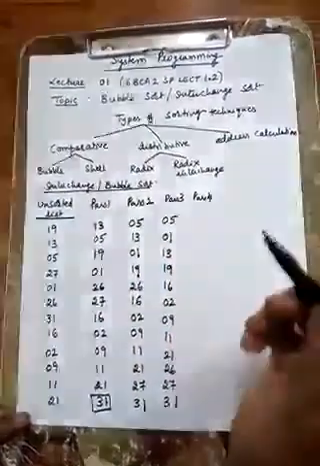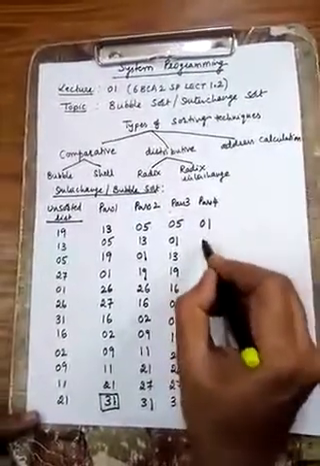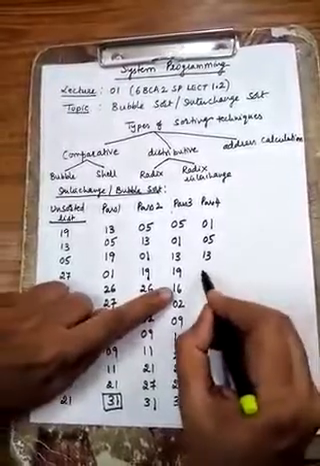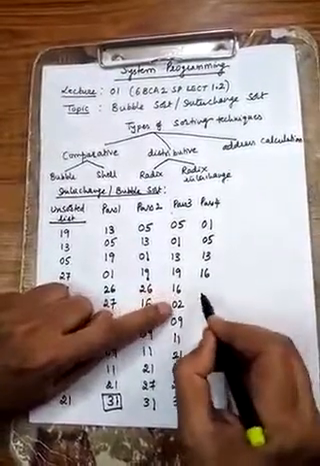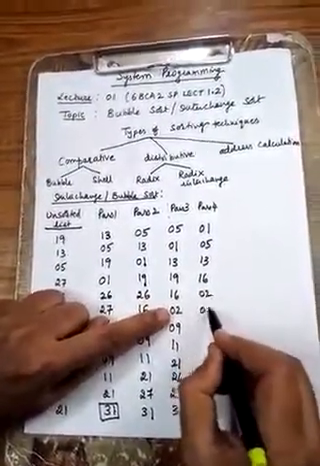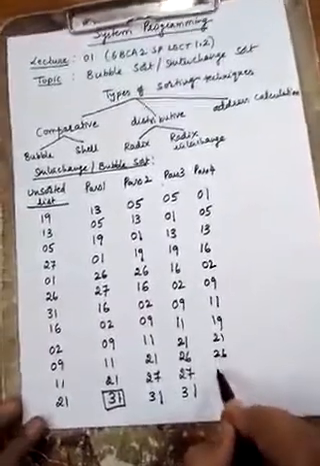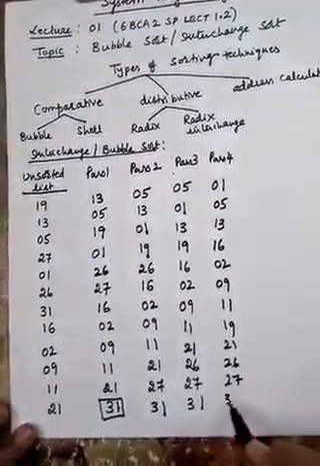Pass 4: 1, 5, 13. Now 16 is less than 19, so 16. Now 2 is less, 9, 11. Now 19, 21, 26, 27, 31.